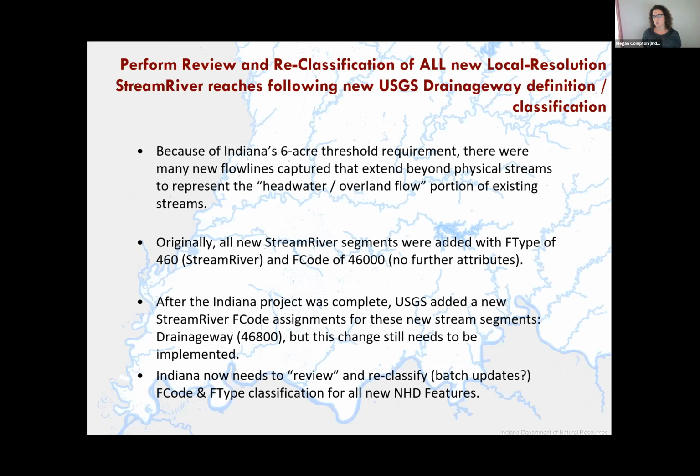So some of those drainage ways are intermittent streams and ephemerals. It might be appropriate to do batch editing to these, but even if we do batch editing or mass editing, it's still HUC by HUC. So it's still very time consuming and takes quite a bit of effort from the staff. And then it requires a detailed review once those updates are made.